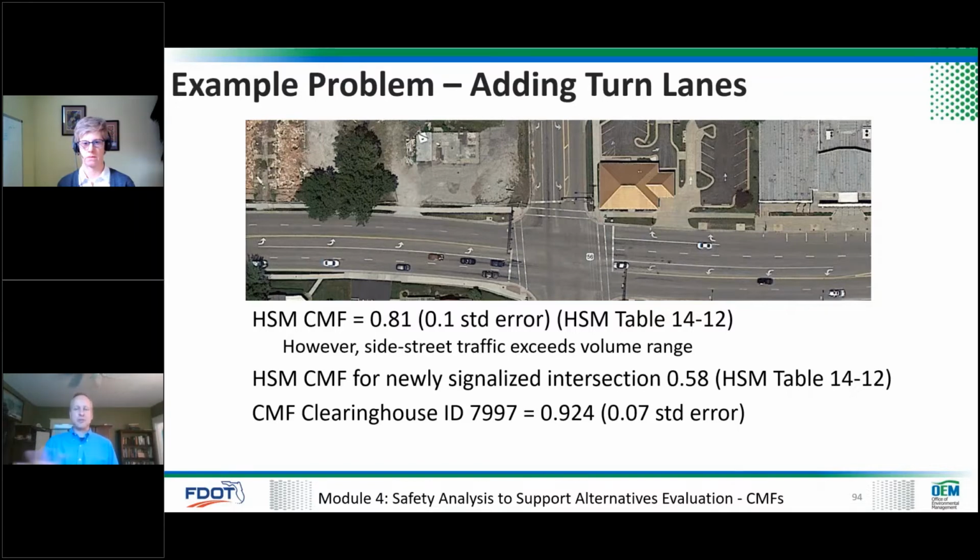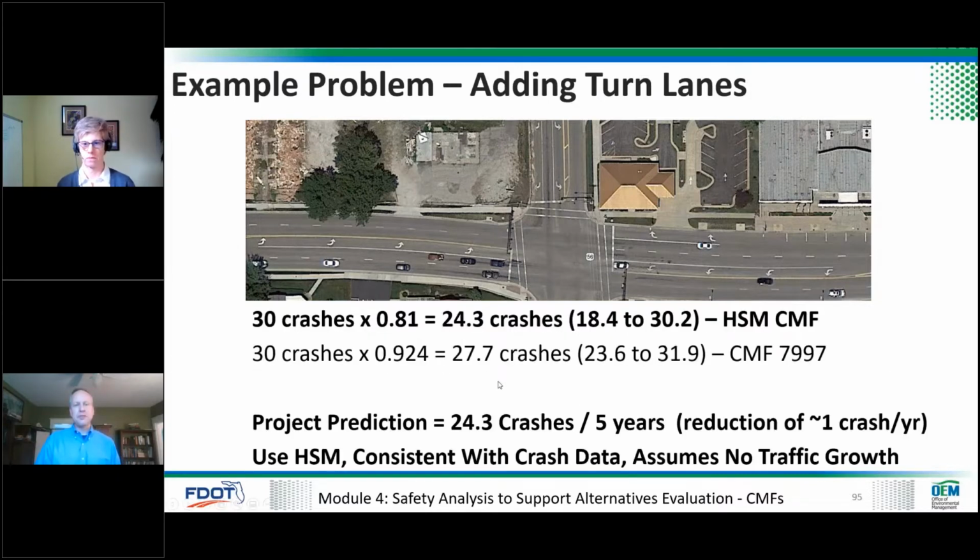Yeah. So you're able to throw that one out, and then you look at the last one, the CMF from the clearinghouse, and it's 0.92. It's a bit higher. It's got a lower standard error, and so you decide, well, what am I going to do? So here's kind of the initial step, top line. Well, what are the ranges?